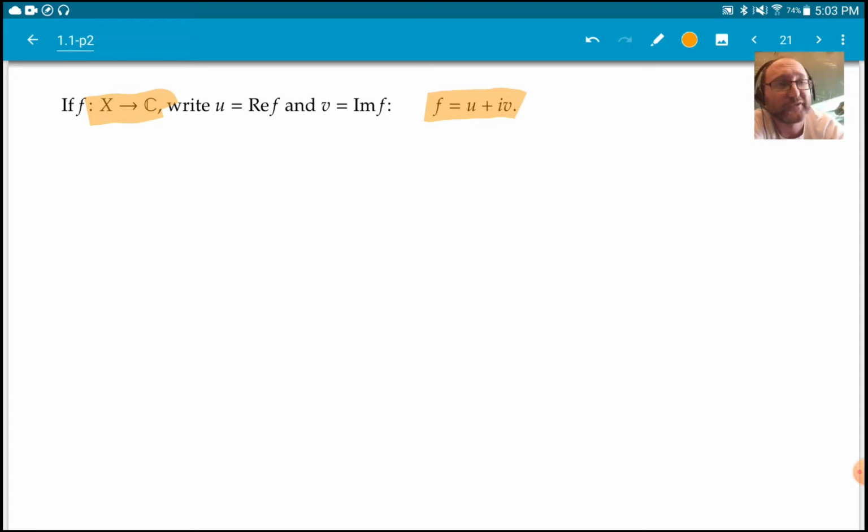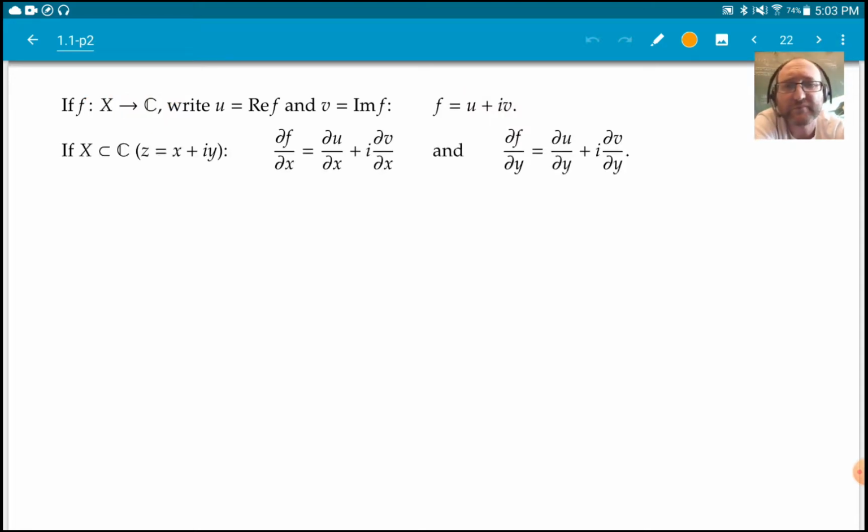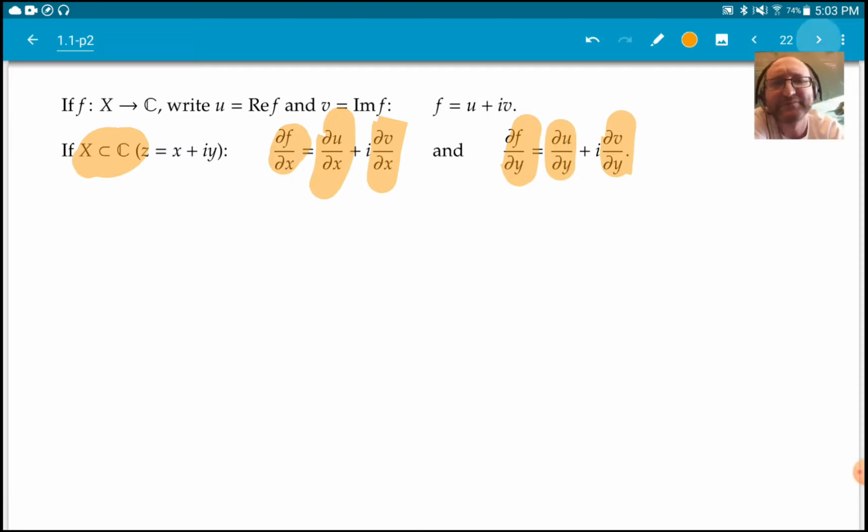Now, if X is a subset of C, you could start taking partial derivatives. I can take the x derivative of f, and that's just going to be the x derivative of the real part plus i times the x derivative of the imaginary part. And the same thing for the y derivative. You do the obvious thing.